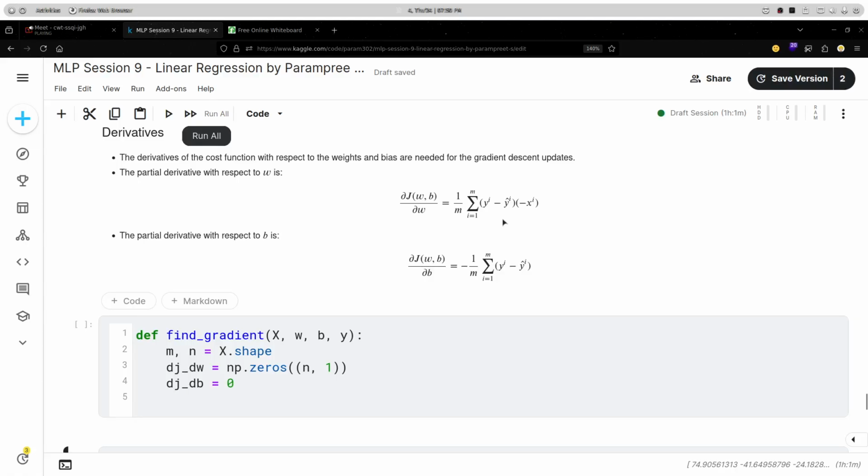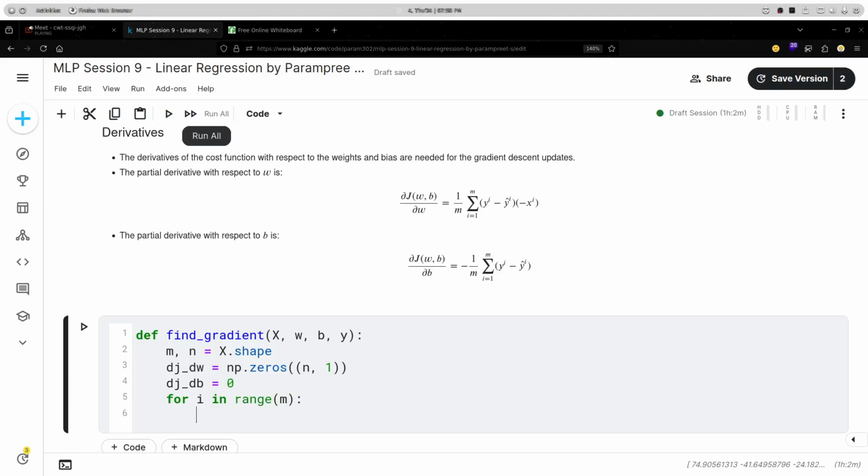For each training example we will find the gradient and sum it over, and then we will get the final gradient for w and for b. Now let's implement this: for i in range(m), let's first find f_x, which is linear regression, and in linear regression I'll pass x[i] as well as w.